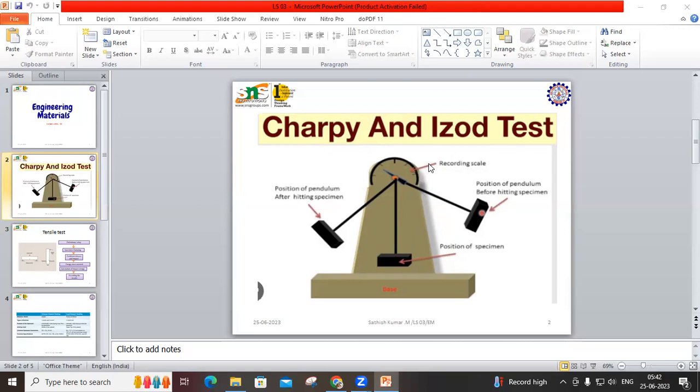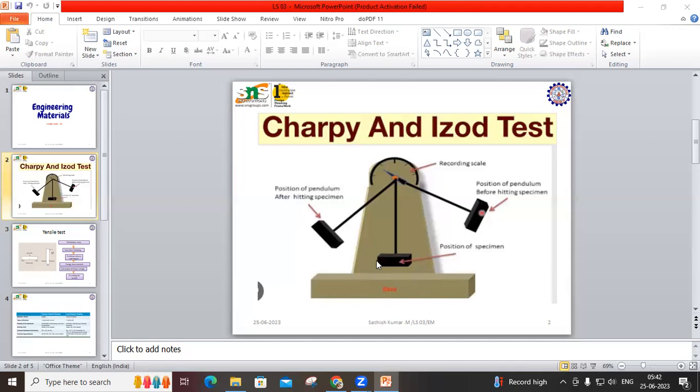The mechanism is that we raise the pendulum to a height where potential energy is gained, and the potential energy is suddenly released so that the pendulum rocks from left to right, a to and fro motion, hitting the specimen with a blow. This blow is nothing but the beautiful word called impact.